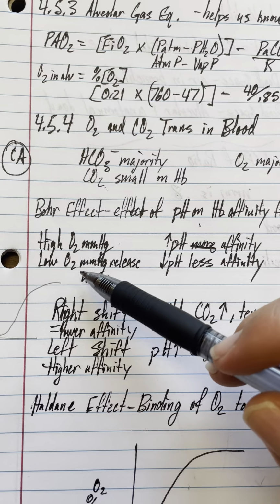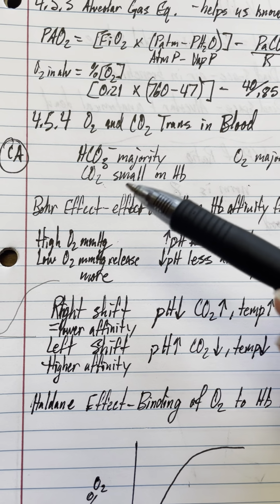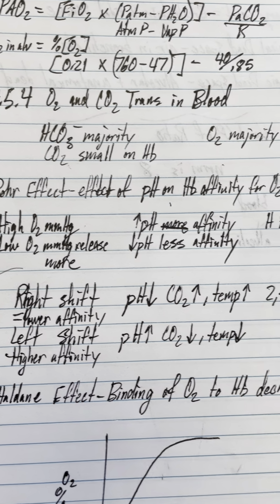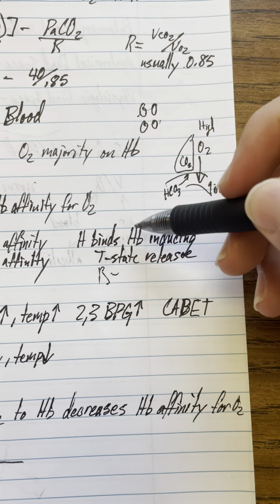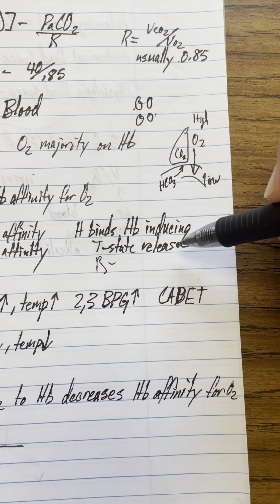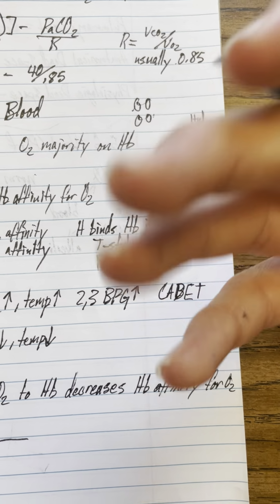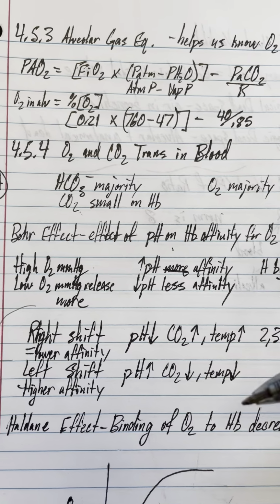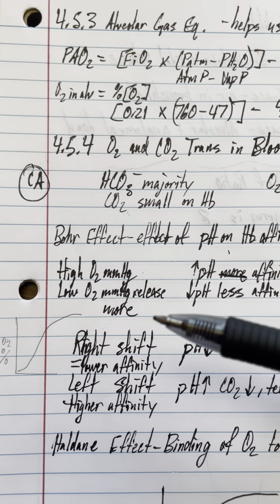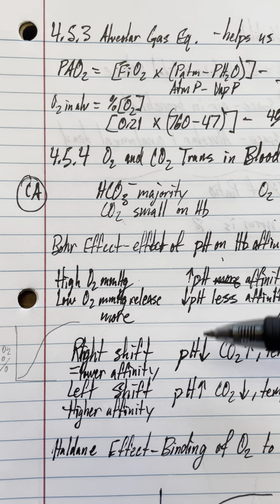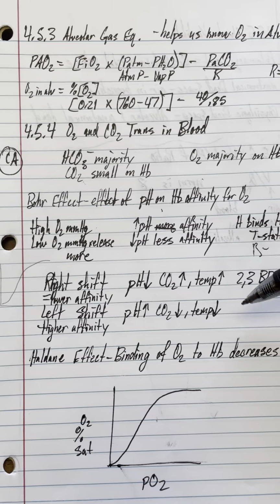In contrast, if you have a low O2 in the blood, you'll actually release more. You'll enter that T state of hemoglobin, and you'll release more oxygen because you need it. It senses, oh, we have low oxygen, we need to release more and oxygenate the hypoxic cells.